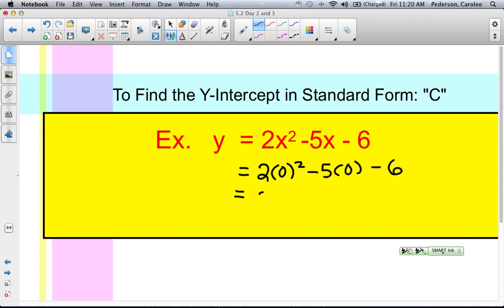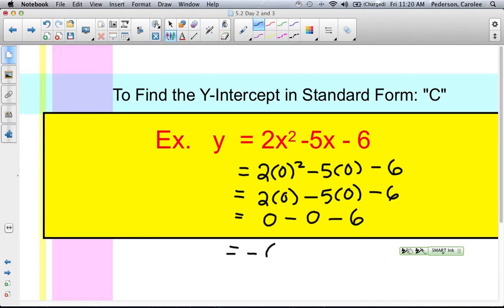So then 0 times 0 is 0. 2 times 0 is 0. Negative 5 times 0 is 0. And we're left with negative 6. So our answer then would be over 0 down negative 6.